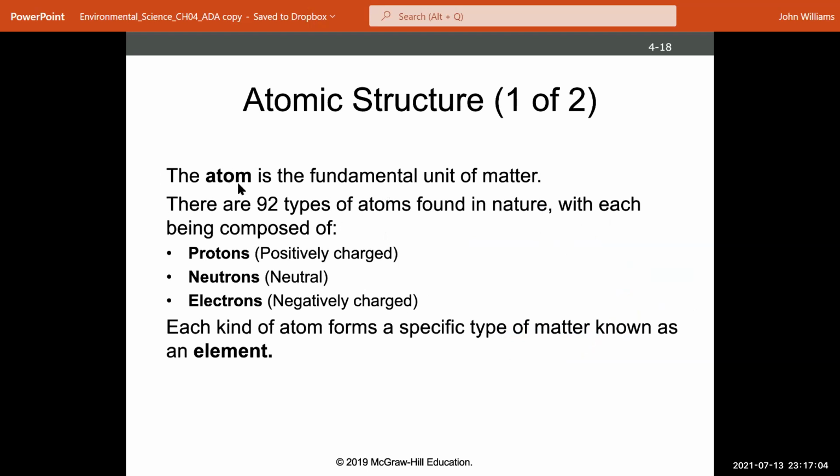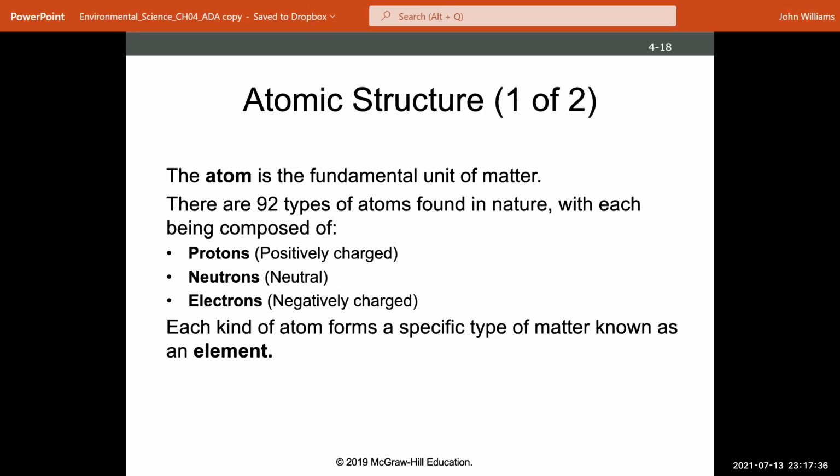So the atom is that fundamental unit of matter because, like we said, matter is at least one atom or more, depending on what type of matter you're looking at. There are 92 naturally occurring atoms, and each atom forms a known element, for example carbon, hydrogen, helium, boron, chlorine, sodium, potassium.